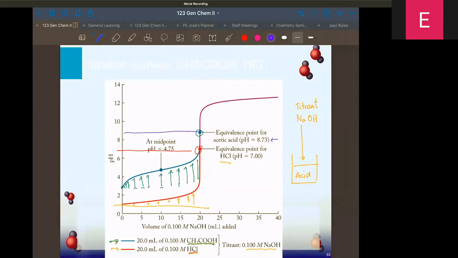That is because at this point you have only NaCH3COO, a salt in aqueous solution, and that's a basic solution. So first difference, the final point is different from HCl, which is 7, to a basic pH, because this is a basic salt.